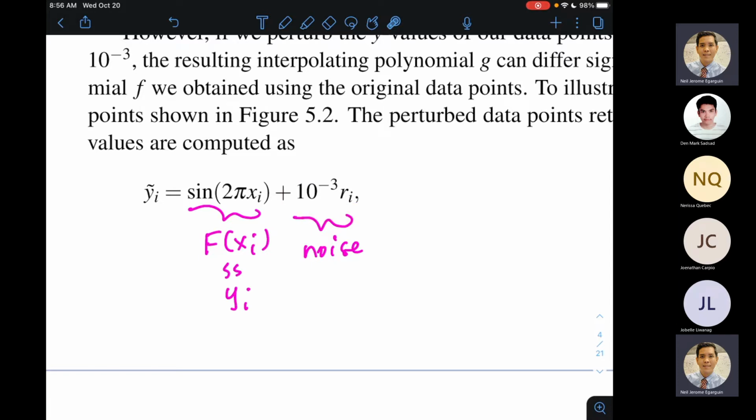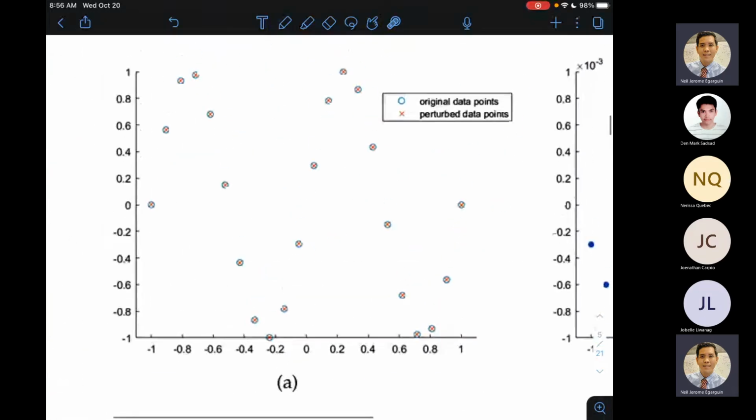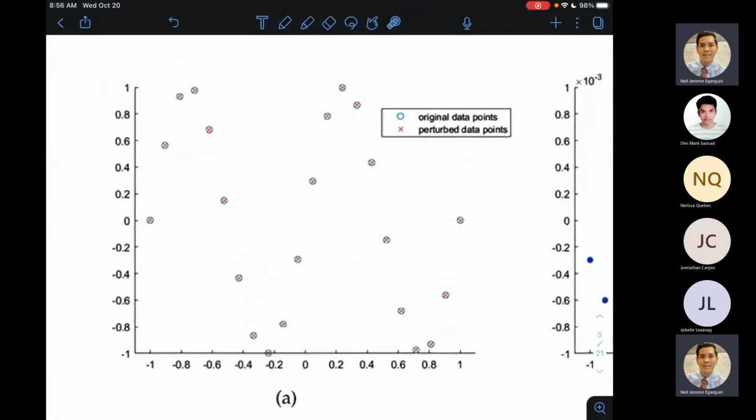And true enough, if we look at the scatter plots of the original and the perturbed data points, makikita nyo, konti lang talaga yung inison. All right? And if the algorithm is stable, ibig sabihin yung pagkang ginamit ko dun sa interpolation ay yung perturbed data points, dapat konti lang din yung change.